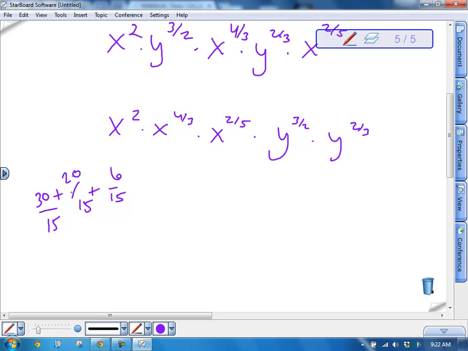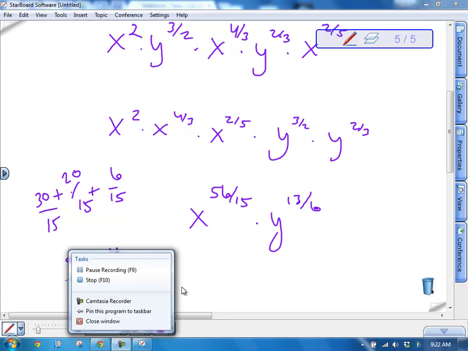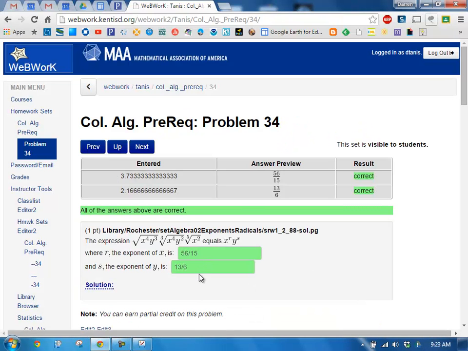So I have 30 plus 20 plus 6, 56 over 15. So x to the 56 over 15 times, and then 3/2 plus 2 thirds for y. Multiply top and bottom of this one by 3, top and bottom of this one by 2. And I have 13 over 6. Cool. Yeah, so those are the right answers.